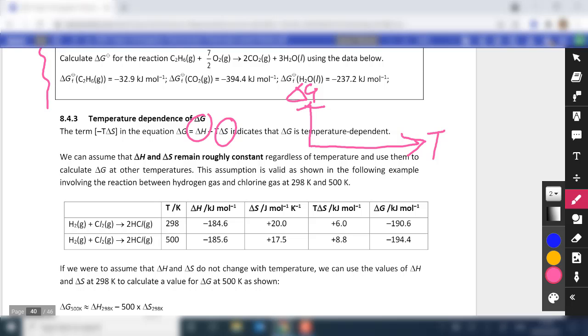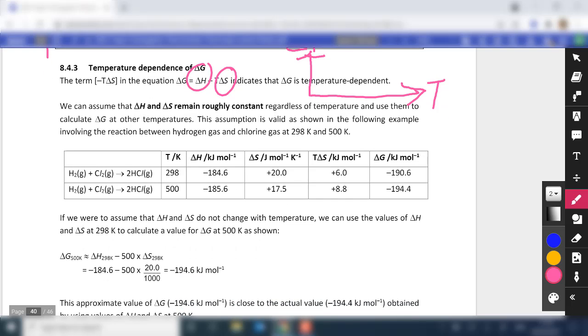Usually we'll assume delta H and delta S do not vary too much with temperature, but of course this is usually not the case. If you take a look at this particular example here, at 298 Kelvin, the two delta H's at the different temperatures are about the same. Delta S is also about the same, and delta G varies by a bit.